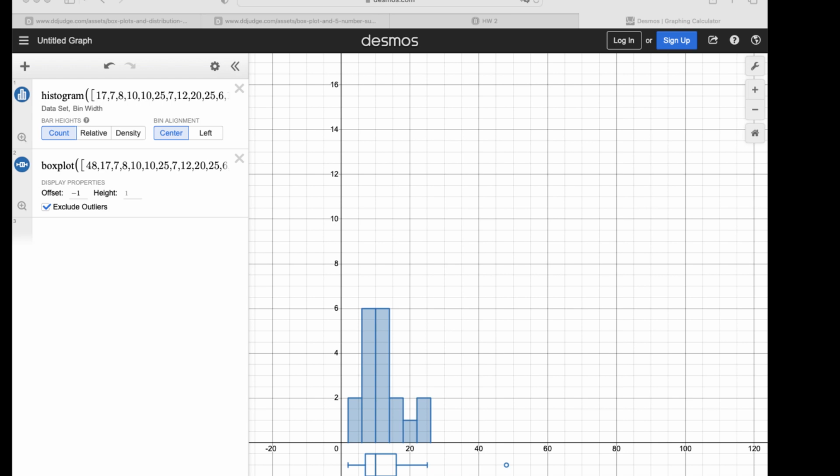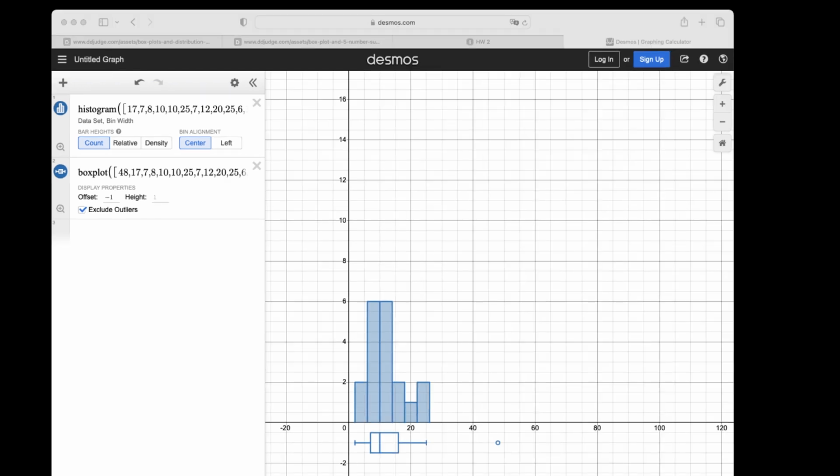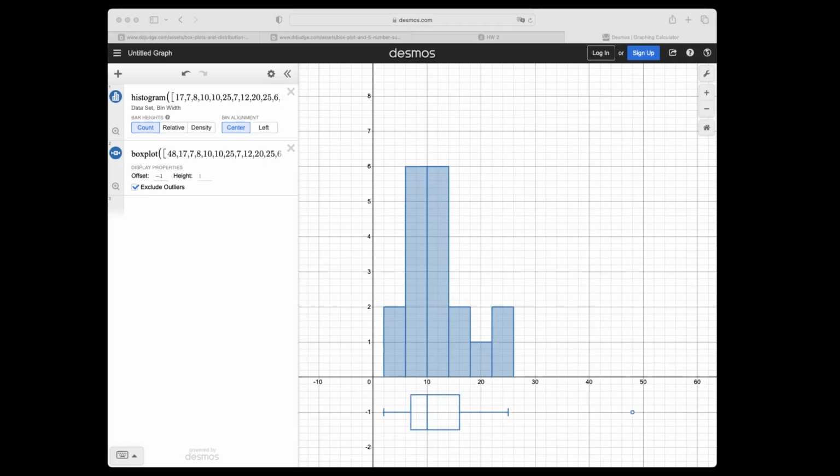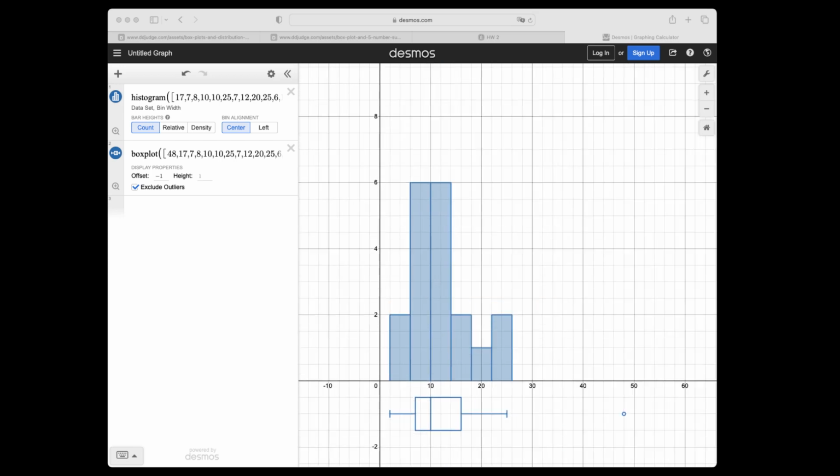I want to fix it so you can see it. There we go. Okay, so if you guys didn't see that outlier at 48 on the video, there it is. There's an outlier. It's that little circle. So they say throw it out. It's not in the data.